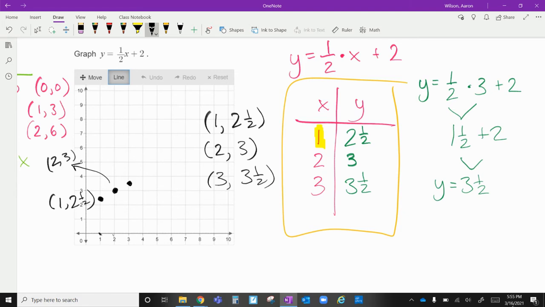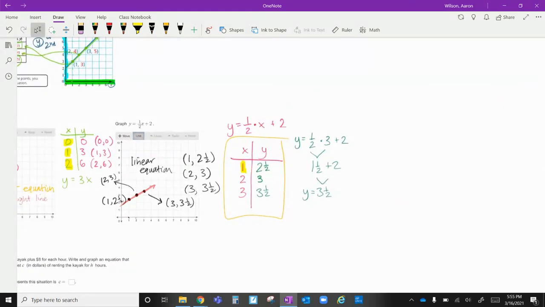There's 3.5. So that last plotted point represents the ordered pair 3, 3.5. And then what do we do with the dots? We connect them. And this line that it creates is a straight line, which is why this is called a linear equation.